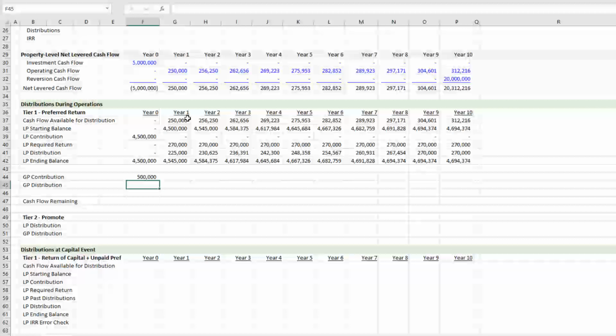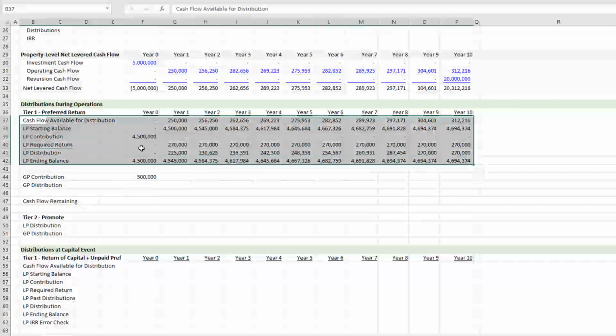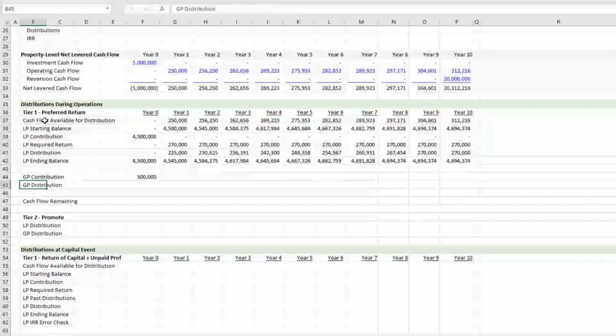Okay, so now both partners receive a pro rata share. We could do a full waterfall calculation or required return calculation for the GP like we did with the LP, but there's a shortcut here. We go equal, and we look at the LP's distribution.